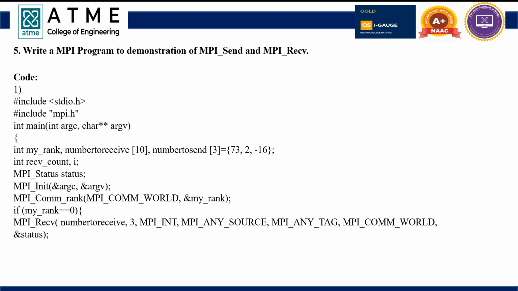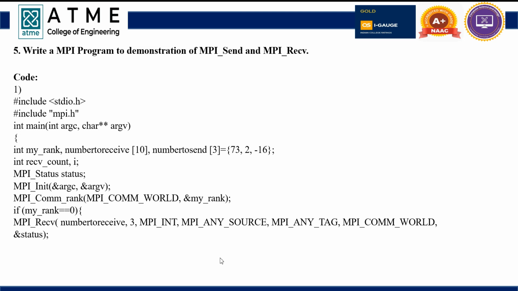So, now initially we are initializing my rank to 0. The syntax for the determination of the rank of the calling process uses MPI_COMM_WORLD and my rank.